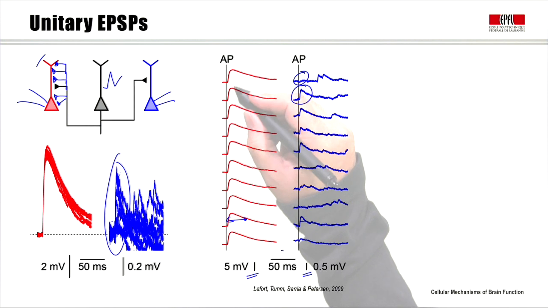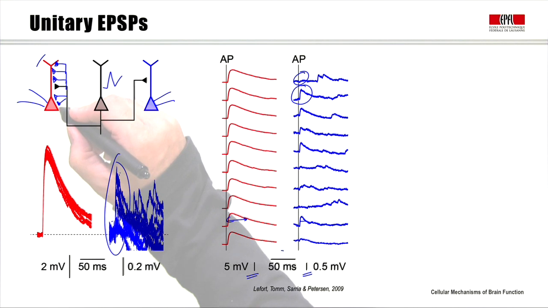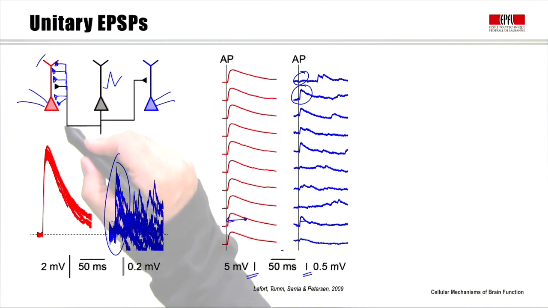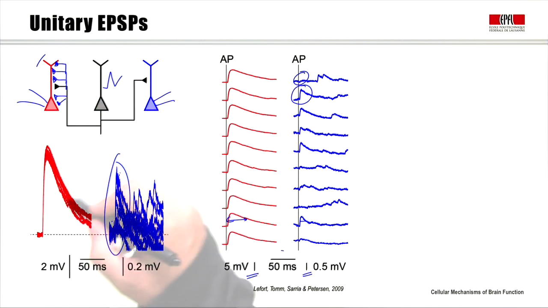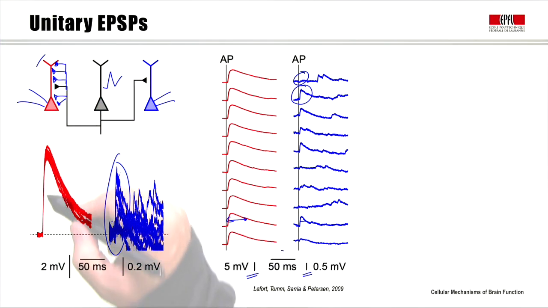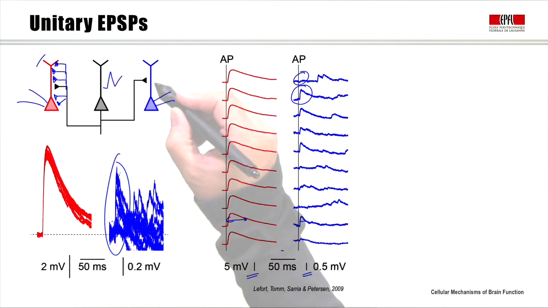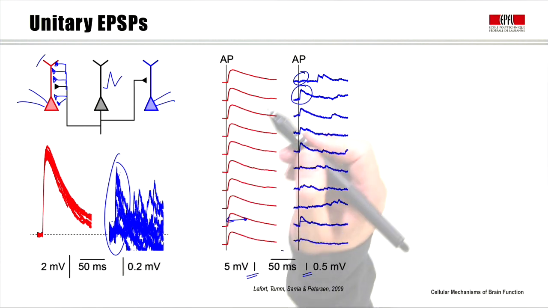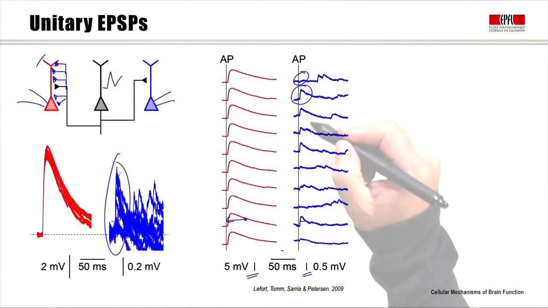And that'll then increase the amplitude of the response and in addition decrease the variability, because although these might be independently releasing glutamate or not in the probabilistic manner of synaptic transmission, if we have 10 synapses, then the chance that some of them will be releasing simultaneously is high and the variance will decrease, whereas for the blue cell, it really might be just a single synaptic contact, and then the action potential either causes release of neurotransmitter or it doesn't, and then we can get this all or none type of synaptic transmission.